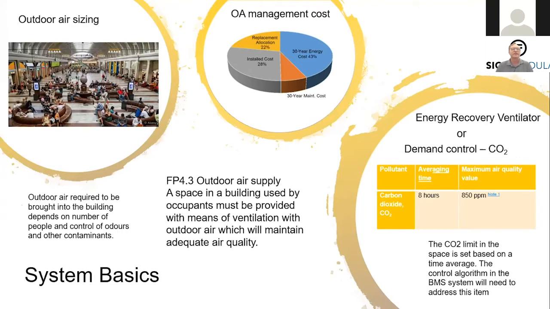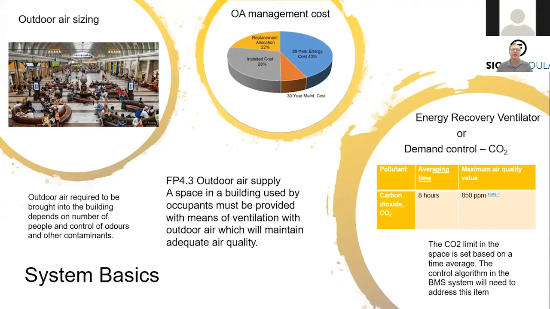The outdoor air sizing. Outdoor air requirements are part of section F in the code. You need to meet the performance requirements of FP 4.3. Outdoor air is provided to a space to maintain the air quality within the space.